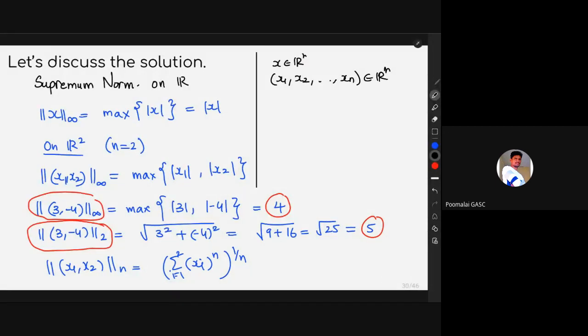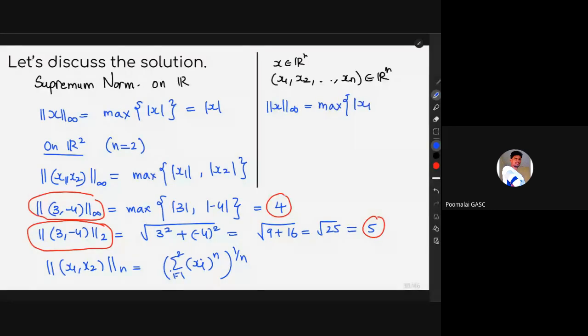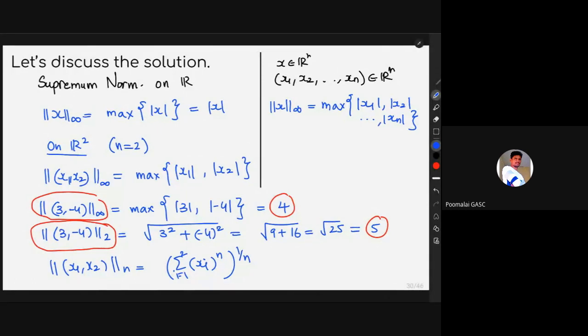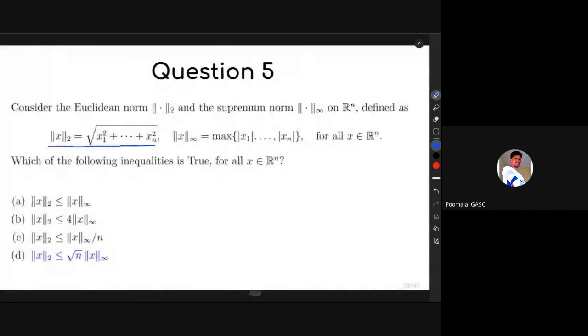The norm of this vector is nothing but the maximum of all these moduli. So that's the definition.